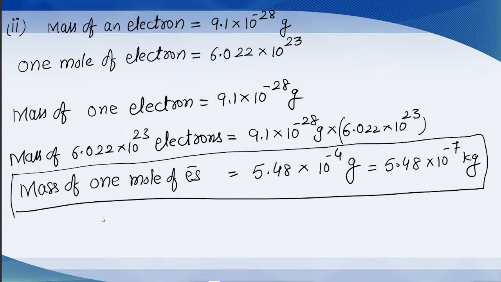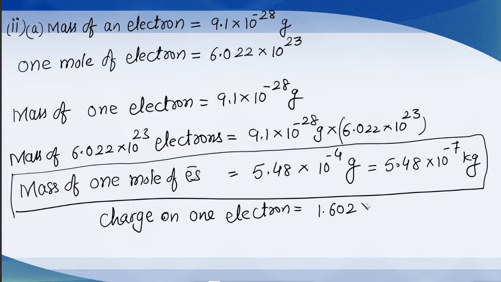So this is the first part. Second is charge. Tell me, what is the magnitude of charge? The charge on 1 electron is 1.602 into 10 raised to power minus 19 coulomb. So what is the total charge on 1 mole of electrons?